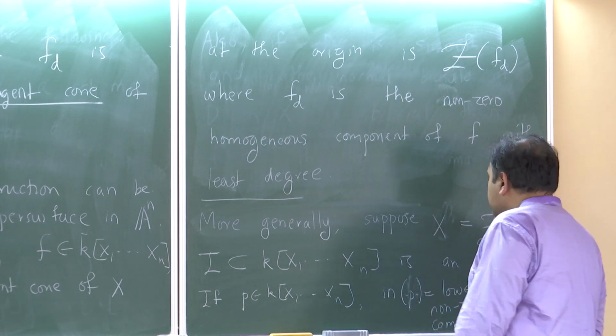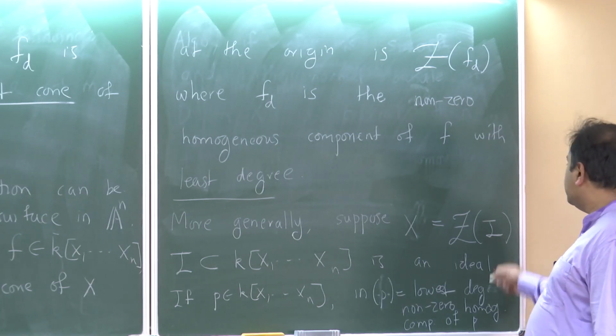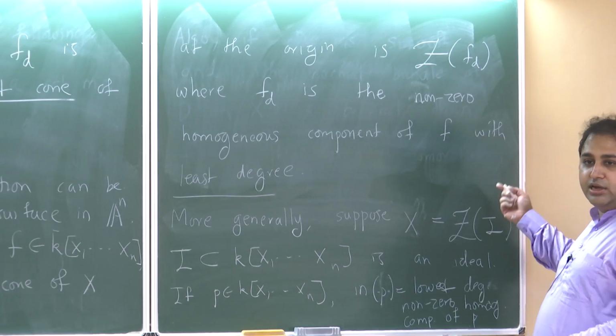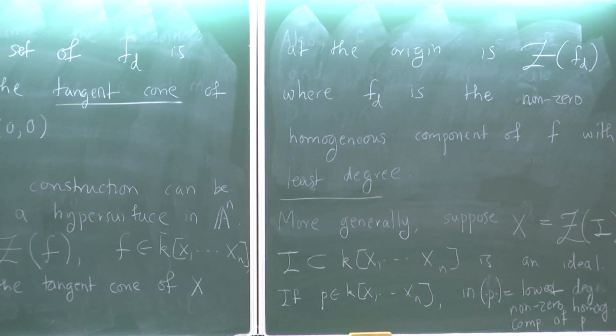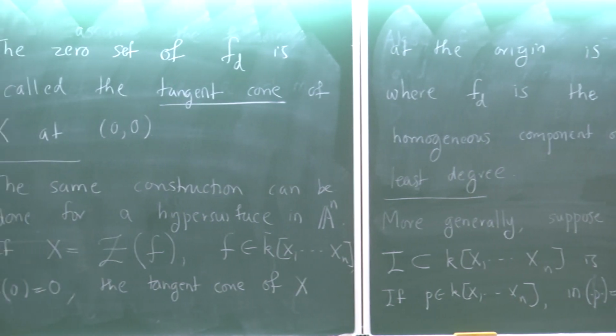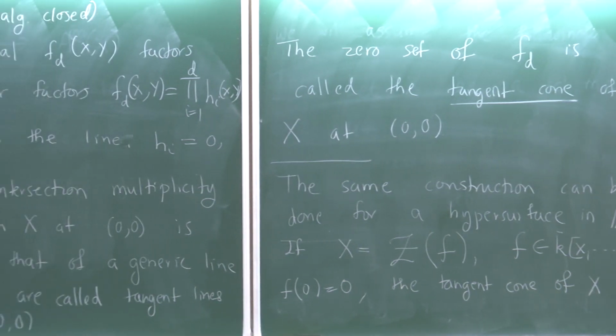So then what I can do is take the initial component of each polynomial in F and see the ideal that it generates. It is not enough, for example, to take just a set of generators and take the initial form, because there may be some cancellations.